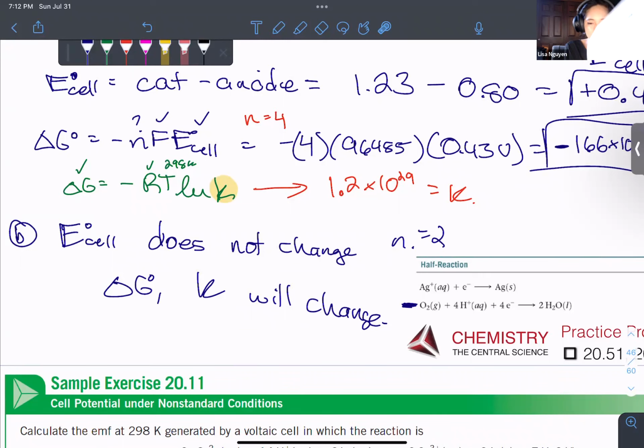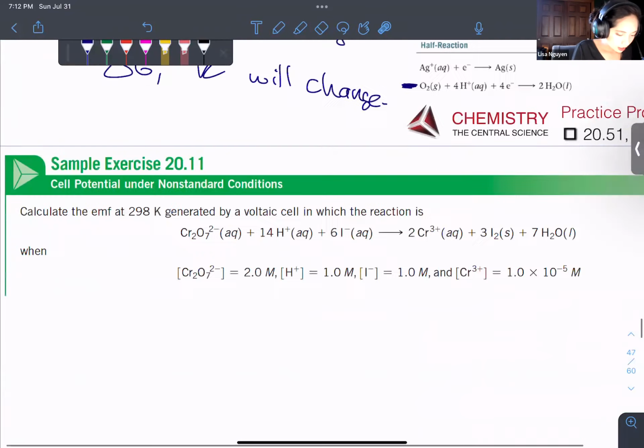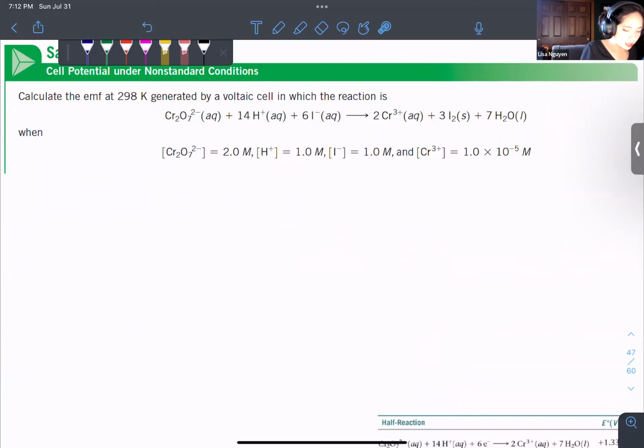Okay, so let's keep going. How many more do I have to do? Okay, two more. So the next one: let's calculate the cell potential of this reaction given these conditions. EMF means cell potential. That's all it means, whether it's standard conditions or not.